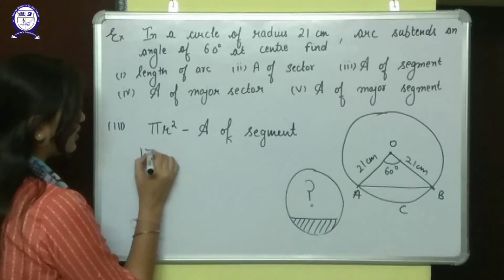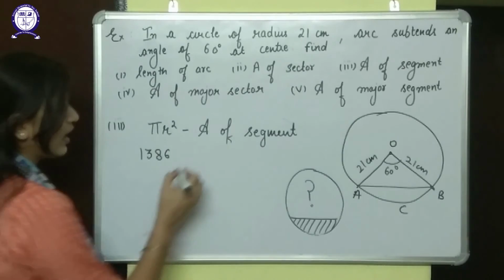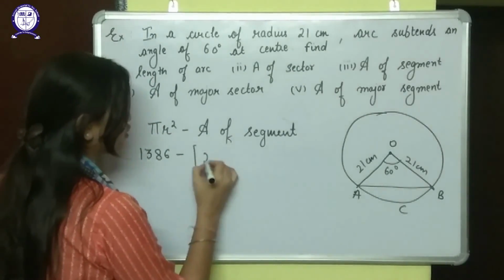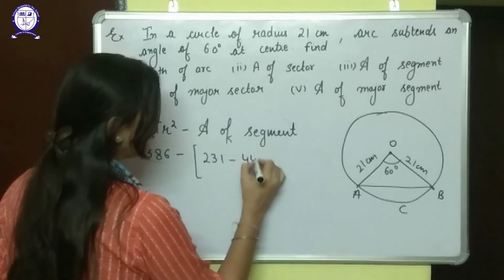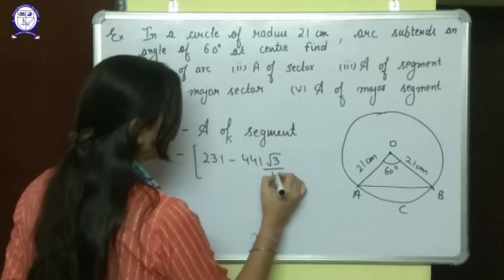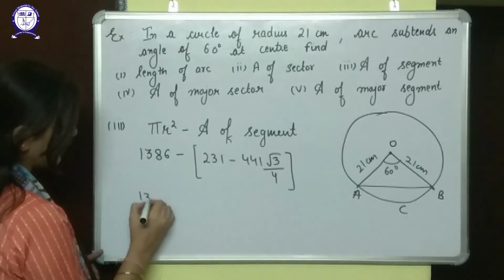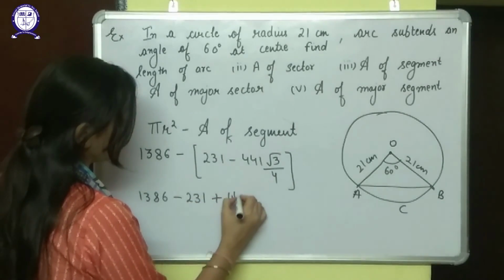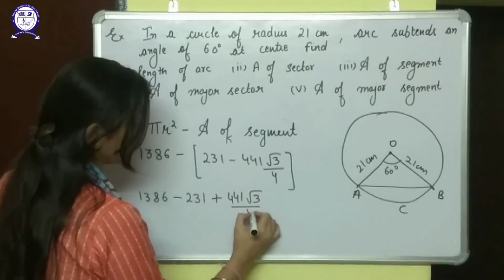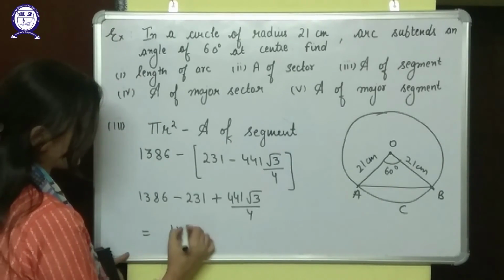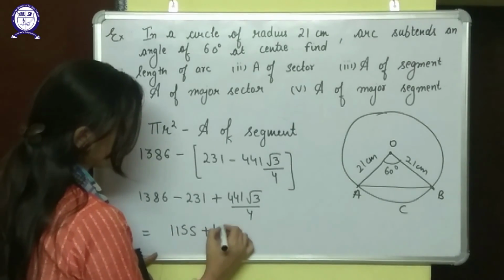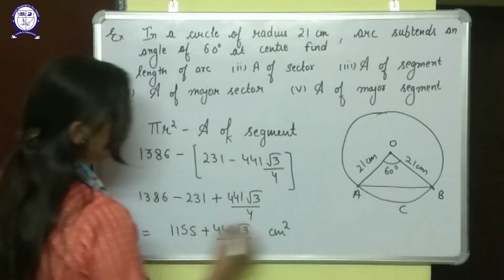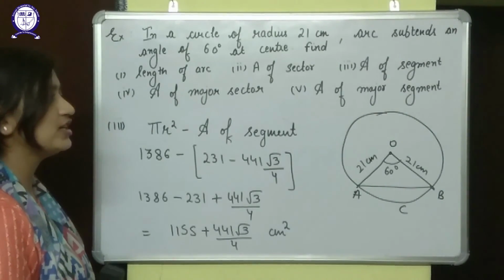Okay, this was my 1386, and area of segment we have calculated, that is 231 minus 441 root 3 upon 4. So all we can do is 1386 minus 231 plus 441 root 3 upon 4. Now subtracting them we will get 1155 plus 441 root 3 upon 4 centimeter square. This will be the area of major segment.